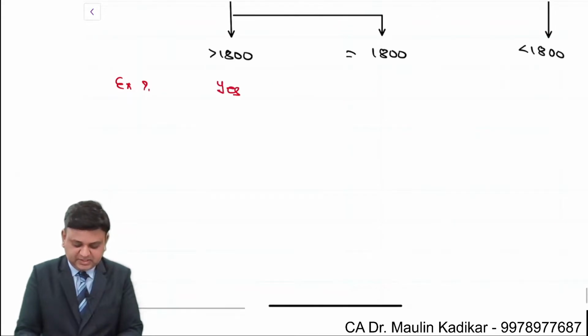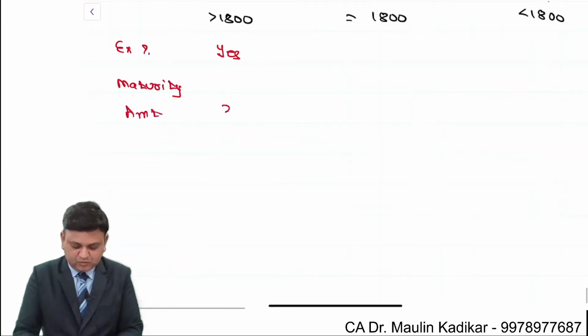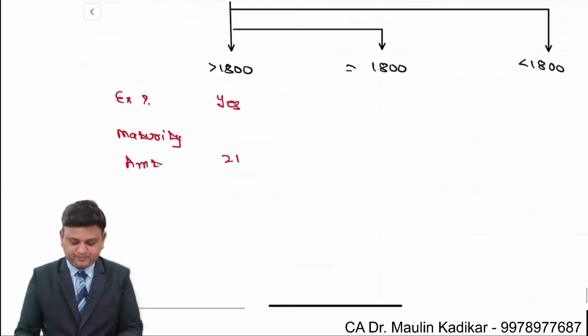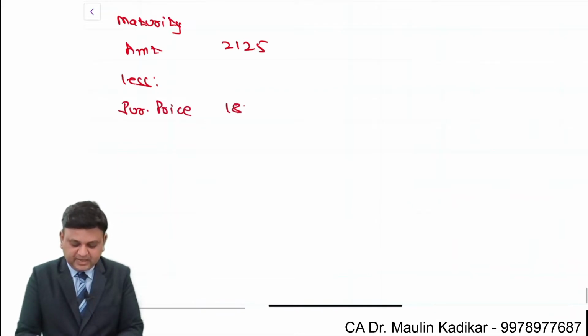In the first case, yes. So what will happen? Maturity amount is 2125 less purchase price 1800.